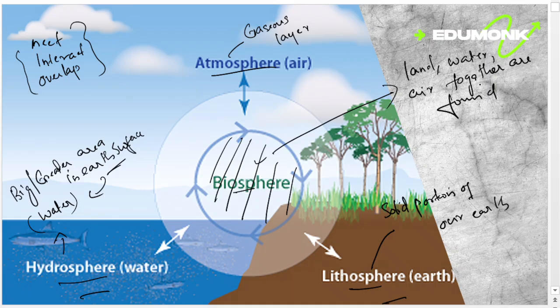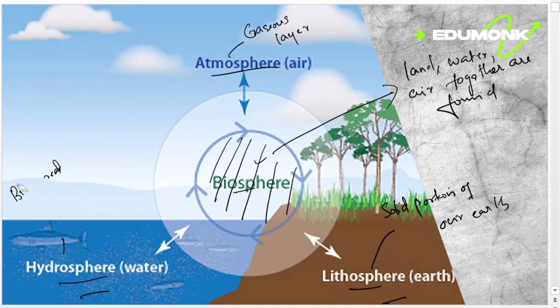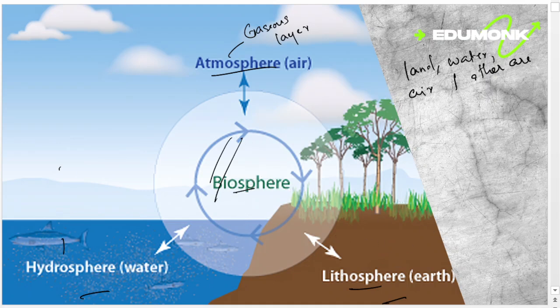Then we can understand more about the atmosphere. We know the atmosphere is a gaseous layer. In the gaseous layer, we can see different kinds of gases. It can be oxygen, nitrogen, carbon dioxide, and other gases.